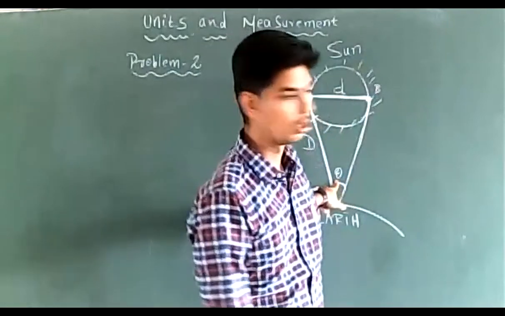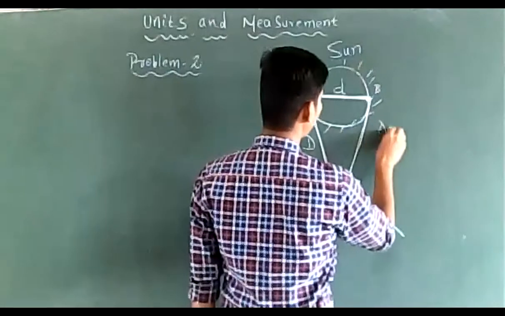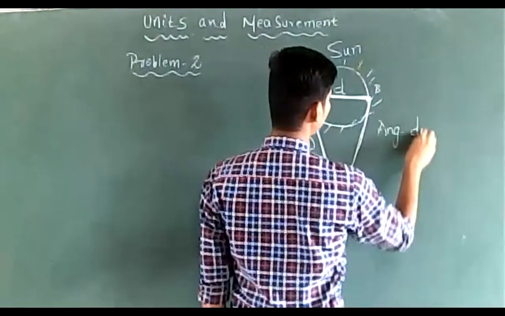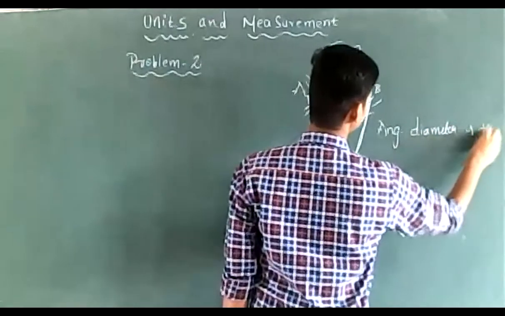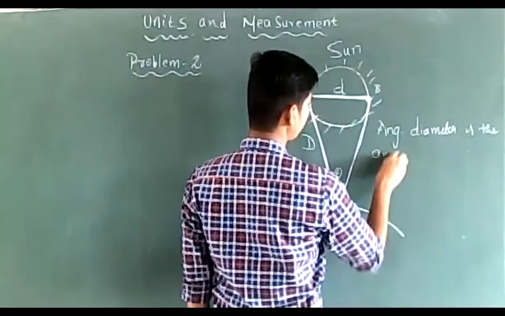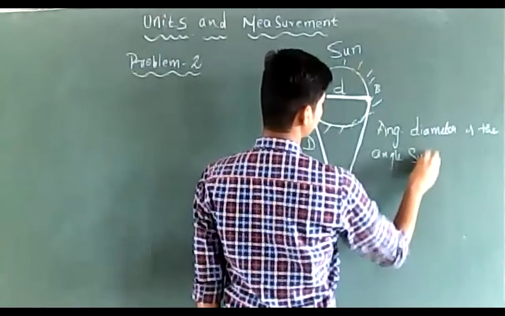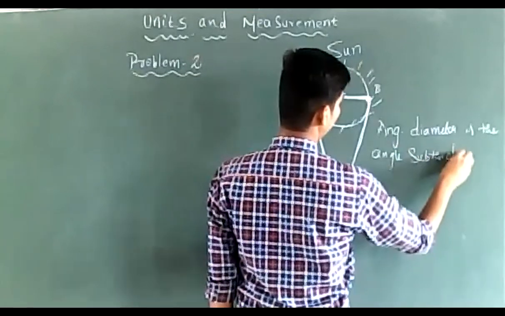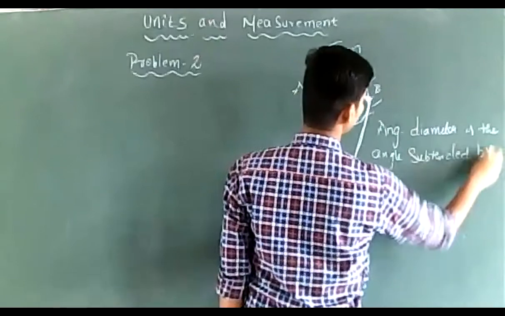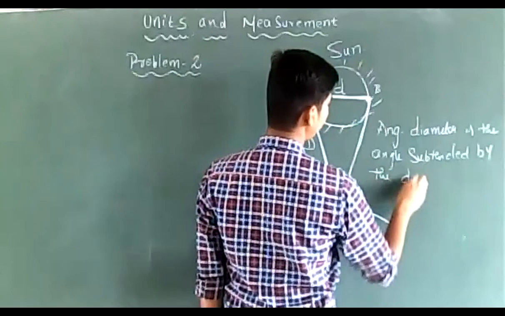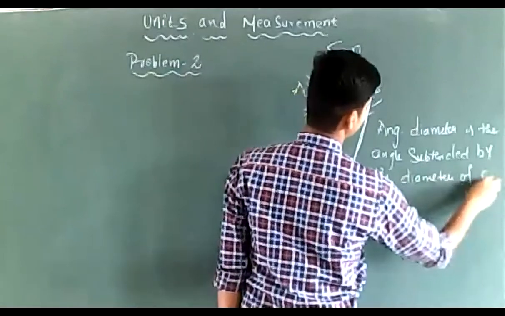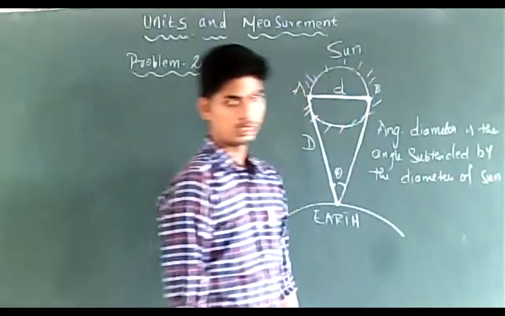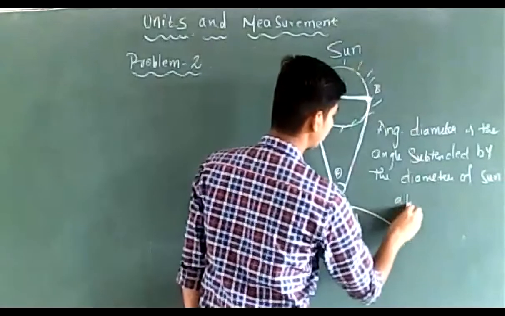So angular diameter is the angle subtended by the diameter of the sun at the earth.